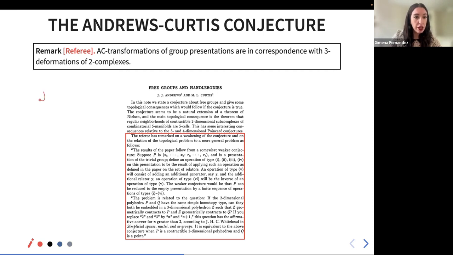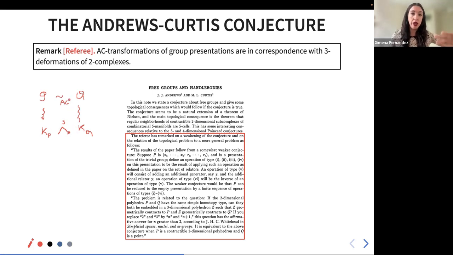It means that if you have two presentations, P and Q, and you compute the associated complexes Kp and Kq, then it's the same to have an Andrews-Curtis transformation bridge between these two presentations as to have a free deformation between these two complexes, which means that you can find an intermediate complex of dimension d that collapses to both subcomplexes Kp and Kq.